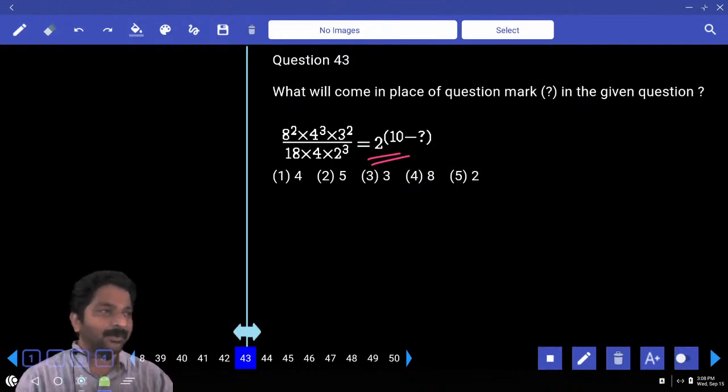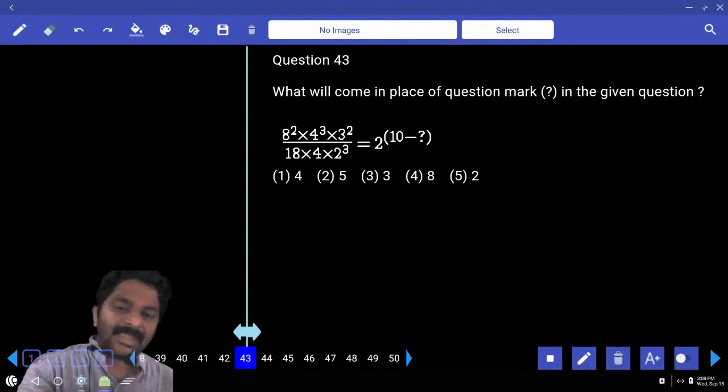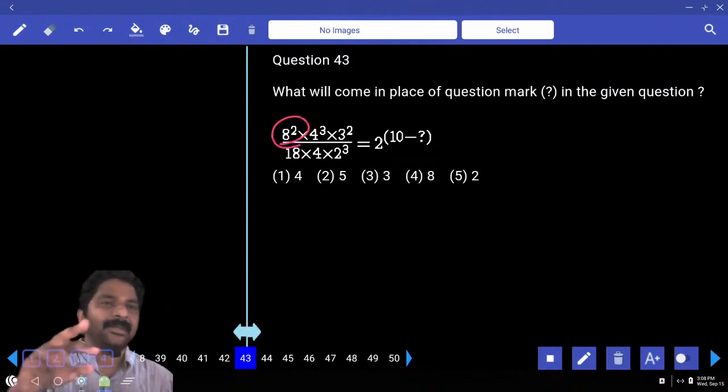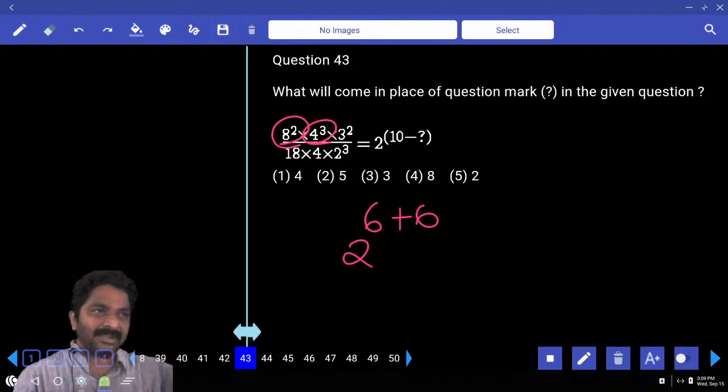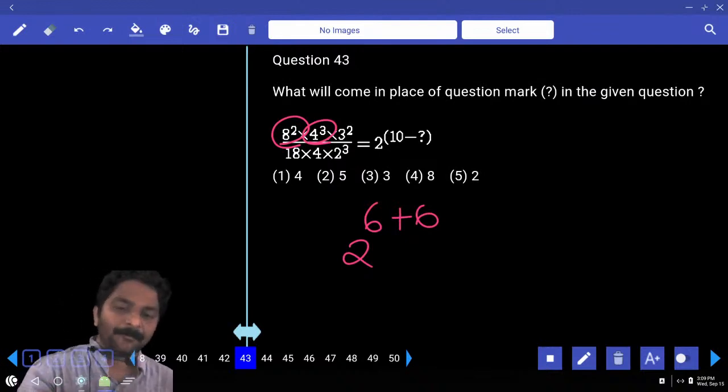Let us concentrate only on 2 power something. 8 square: 8 can be written as 2 cube to the power of 2, that is 2 power 6, and the other number 4 cube. 4 can be written as 2 square to the power of 3, 2 power 6. We need to add exponents because we have multiplication, and we have another number 3 square that is not related to 2. I don't want to consider that.